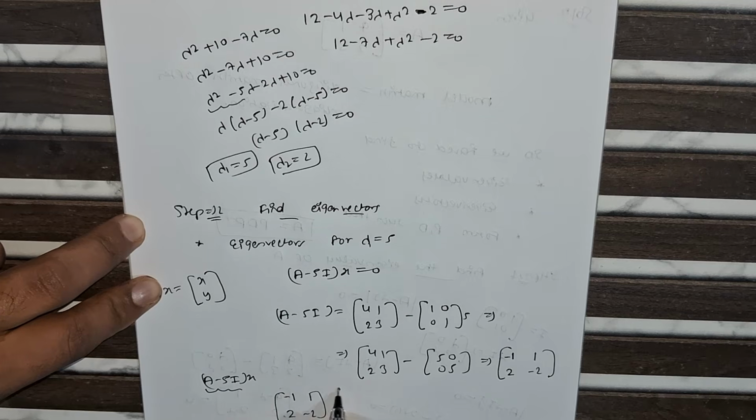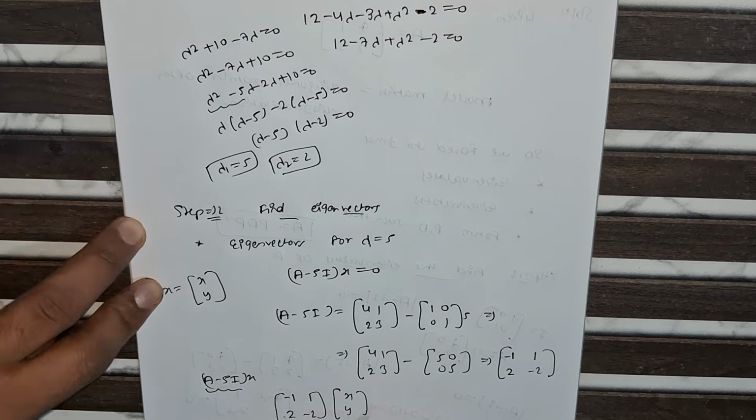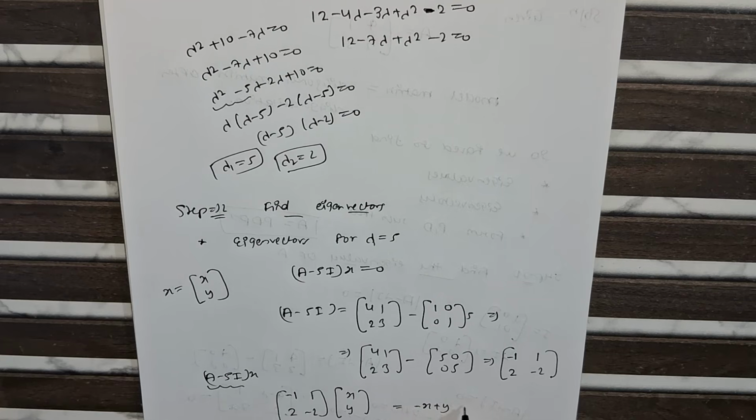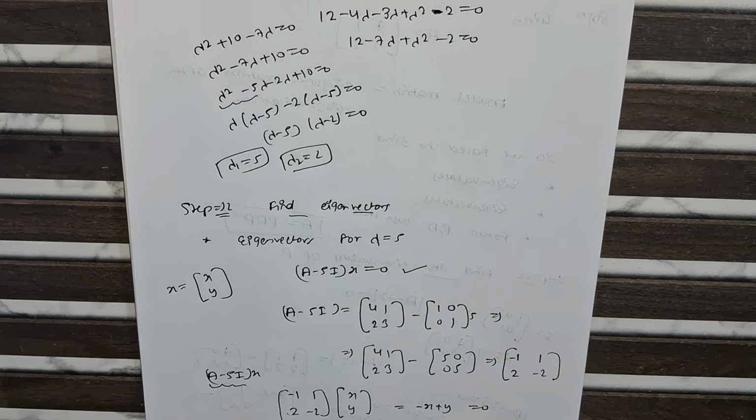Now we have to multiply this matrix by [x; y]. When you multiply this row to this column, it becomes minus x plus y, which equals 0 from this equation. So we can say that y equals x.